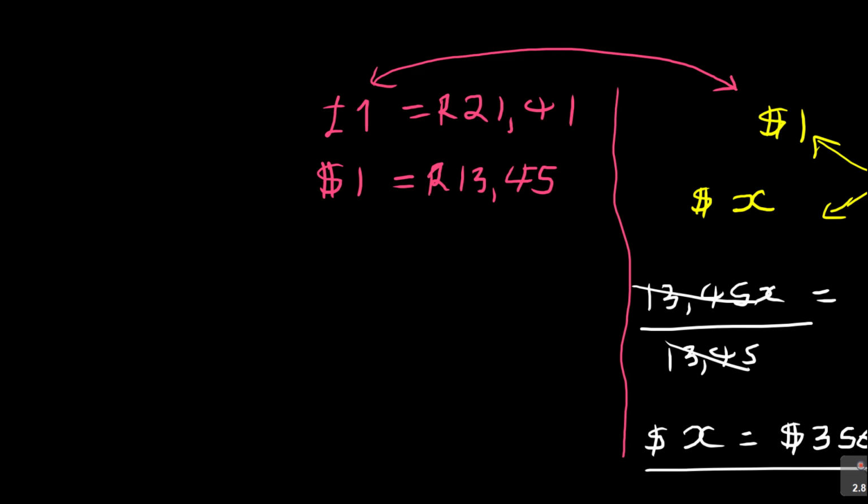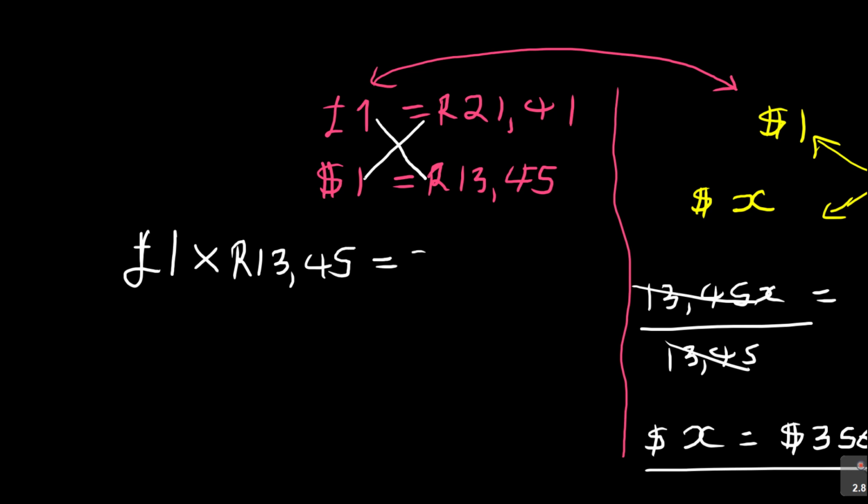Cross multiply these and you will see what is going to come out. These are the 2 rates they gave you. I will also include the money. So this is the pound, 1 times the rand, 13.45. This is equal to $1 times the rand, which is 21.41.